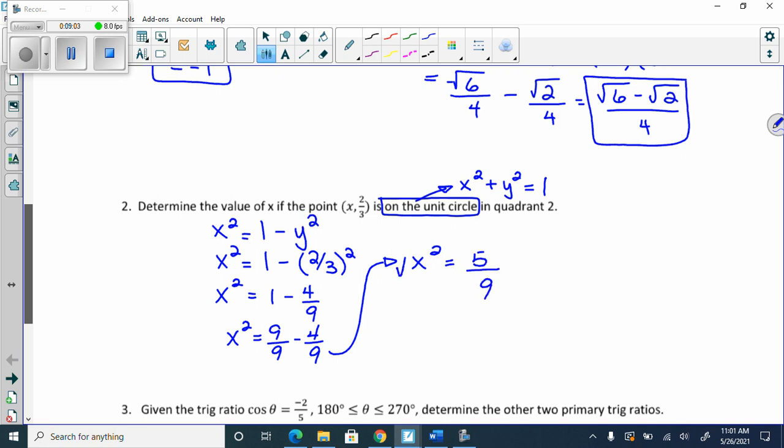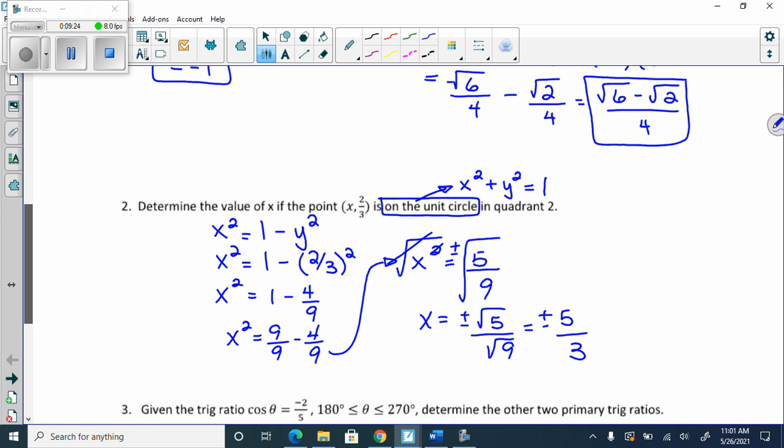Now when I square root, what did I tell you about this? You can separate them if one of them is a perfect square, right? And I have plus or minus because when you take the square root, you get positive, negative. So I can get plus or minus root 5 over root 9. And root 9 is just 3.